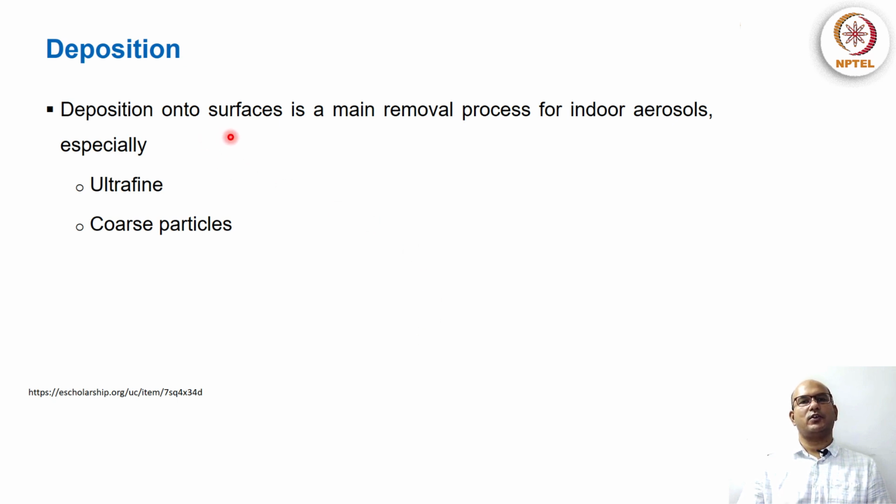Now deposition onto surfaces is a main removal process for indoor aerosols, especially for the ultrafine and coarse particles, less in the accumulation mode, as we have already seen before. So deposition on surfaces is mostly prevalent for ultrafine and coarse. How?